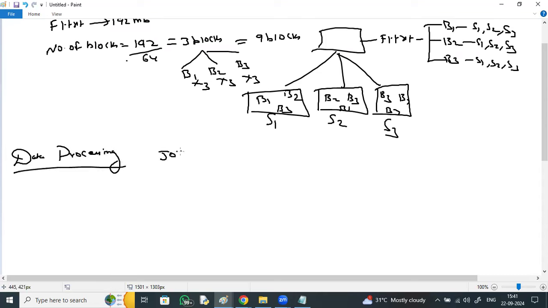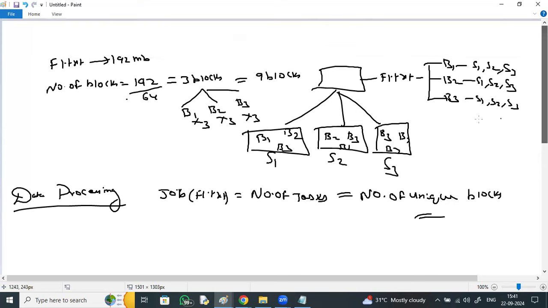Now data processing. The job to process f1.txt is divided into how many tasks? The number of unique blocks. Here I'm using the word unique, always. How many unique blocks here? 9 or 3? 3, right?